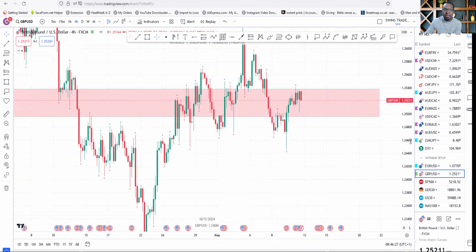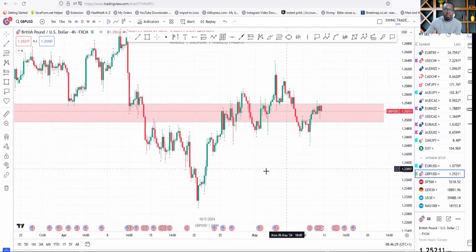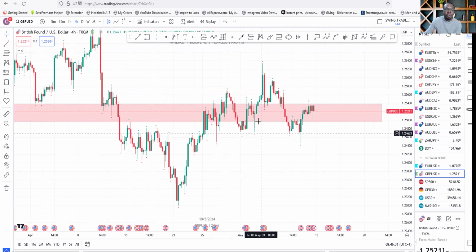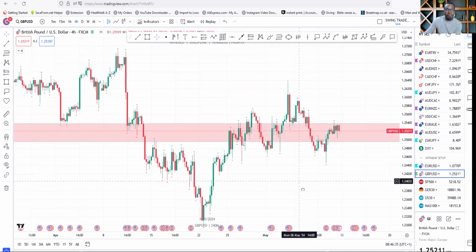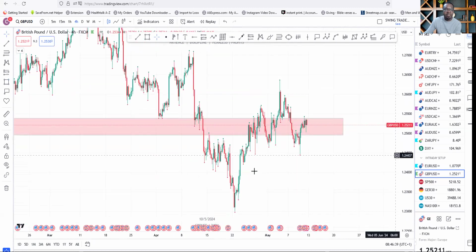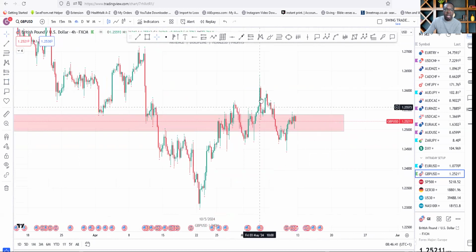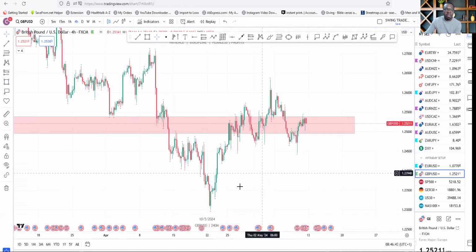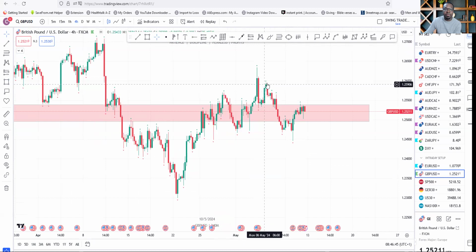Now, on the 4-hour time frame, we can see that the market obviously is neither bullish nor bearish, but we can see that there was a rally up, which shows that the market is now ready to start selling after this push up, and then it created a lower high and then broke structure here.